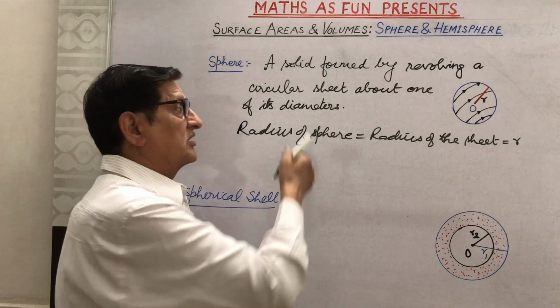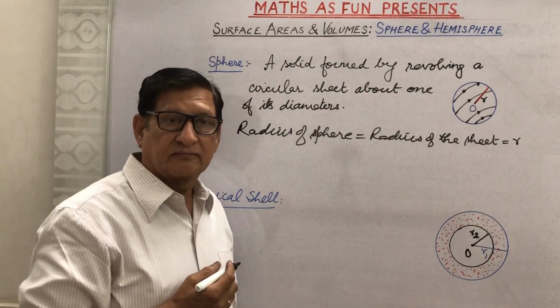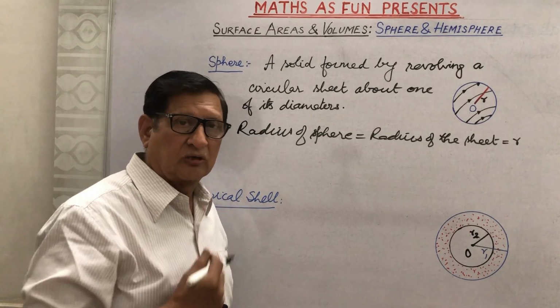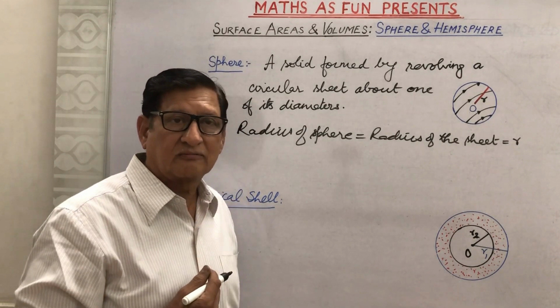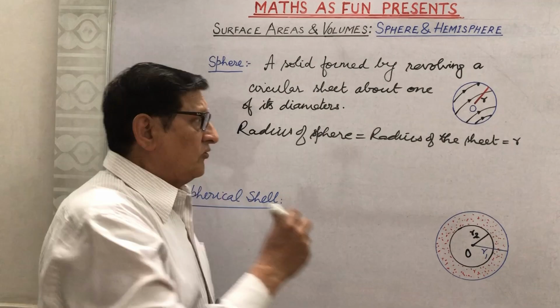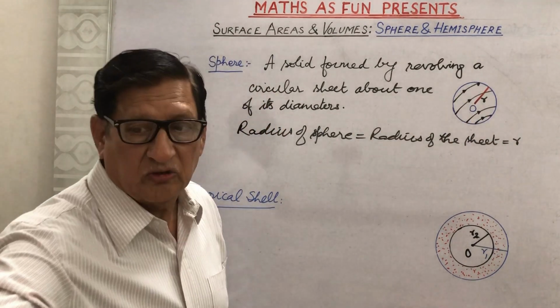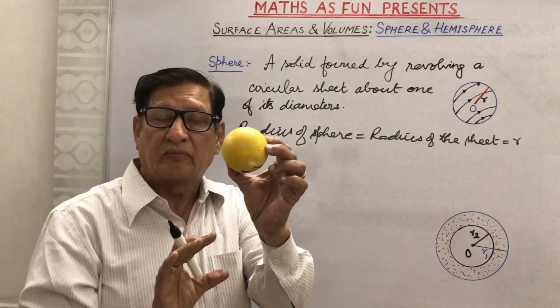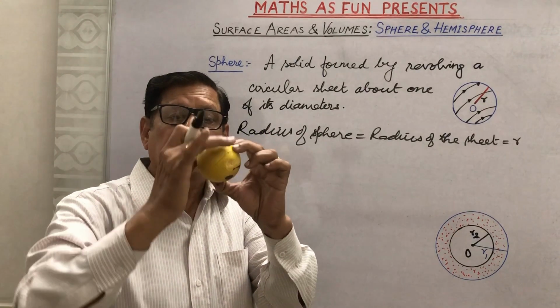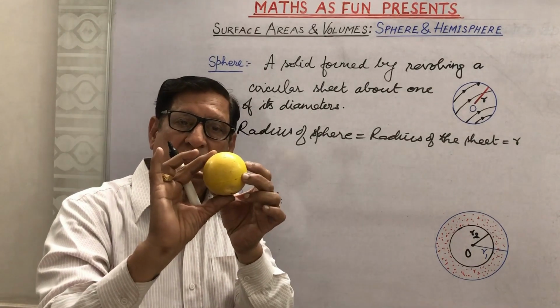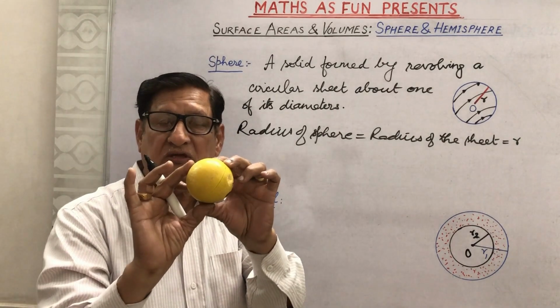A ball is the best example of a sphere. Like you have cricket ball, volleyball, tennis ball, etc. Now suppose we want to find out the surface area of this. You see, this is the example of the ball. You are finding only the surface area of this, whether you call it total surface area or the curved surface area.